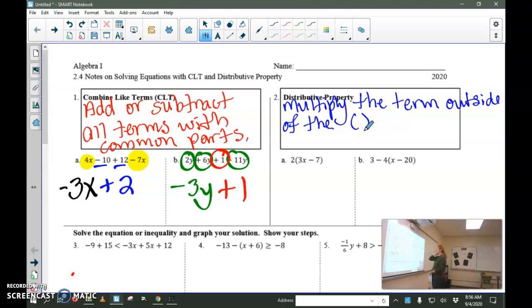So I'm going to multiply the term outside of the parentheses by each term inside the parentheses.